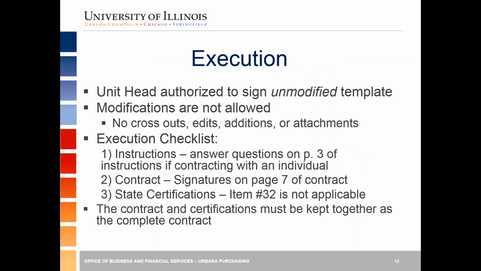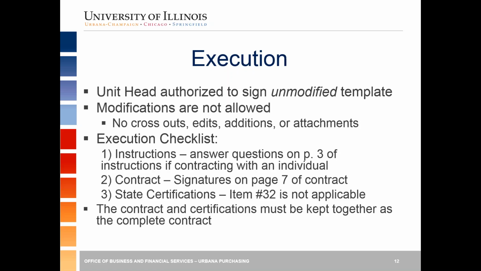To ensure that your contract is properly executed, please be mindful of this 3-piece execution checklist. First, if the contract is with an individual, the unit must answer the questions on page 3 of the template instructions. Second, the unit must ensure that signatures are obtained on page 7 of the contract.